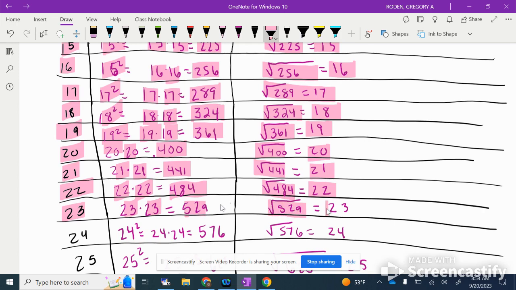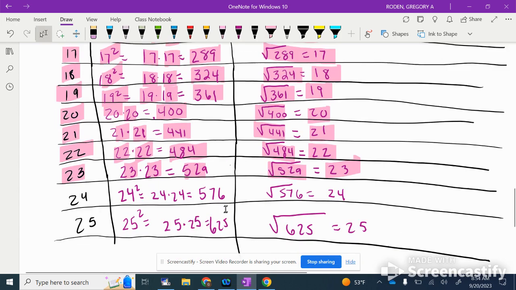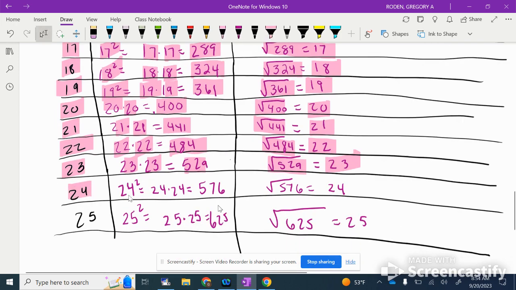Square root of 529 is 23. We're almost there, guys. We're almost there. And 24 is 24 squared, which is 24 times 24, which is 576. So the square root of 576 is equal to 24.